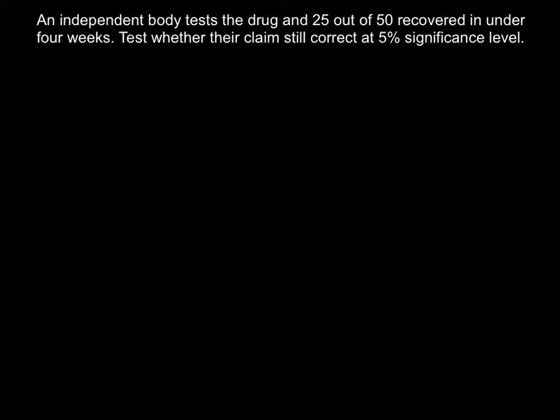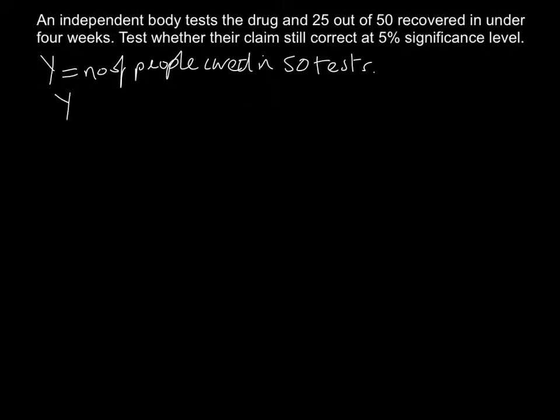So we need to go through all the same steps as we did before. We need to define our random variable. I'm going to say that Y is the number of people cured in 50 tests. We also need to state the distribution of Y and identify the parameter that we're testing. So again, we're still testing the probability. So Y has a binomial distribution, this time 50, because there are 50 different tests, and the probability is p. We need to state our null and alternative hypothesis, so they're going to be the same.